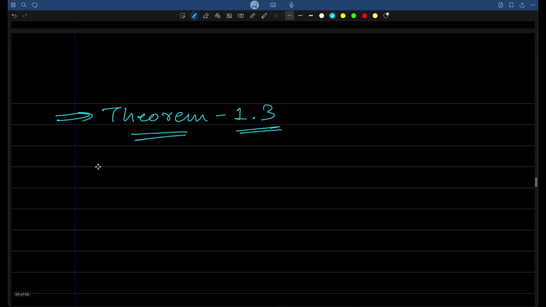The statement of Theorem 1.3 is: root 2 is irrational.